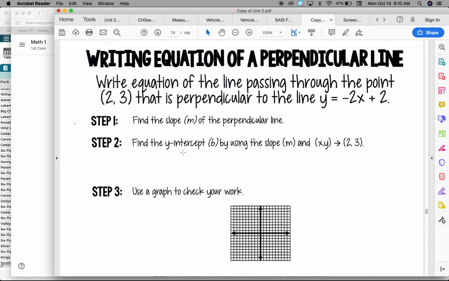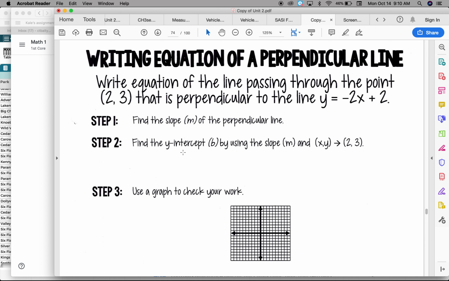So if I say 3 being our y, and again I'm plugging it into y equals mx plus b, 3 equals -2 times 2 plus b, because that's what we're solving for, is b. I apologize. 3 equals 1/2 times 2 plus b.